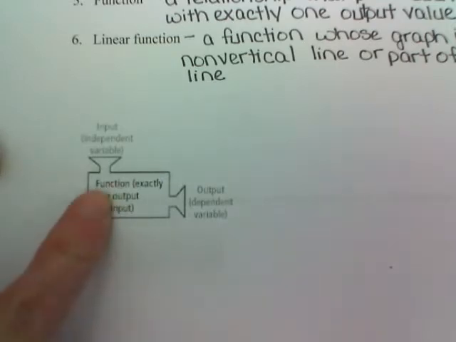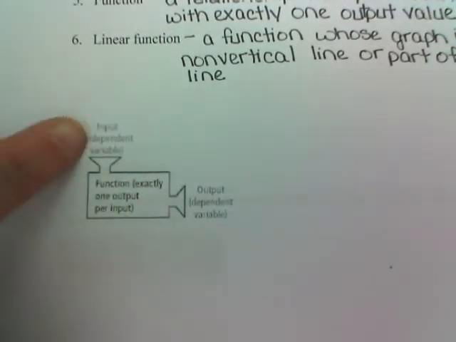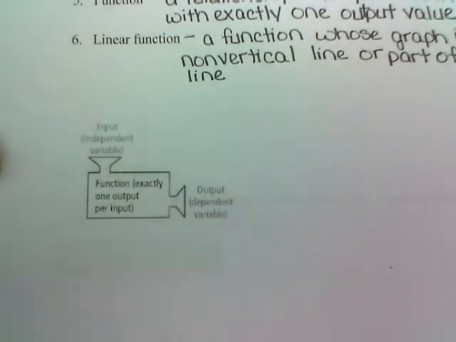Maybe square root's not a good example, but squaring, you put a number in and you square it, and that will be an output. So there's different things that can happen in here. We're only going to talk about the linear ones to begin with, but whatever you put in, your output is your final answer, and it has to only be one output. There cannot be more than one.